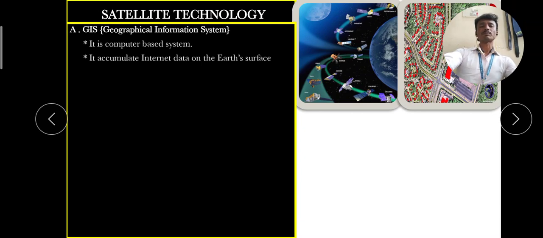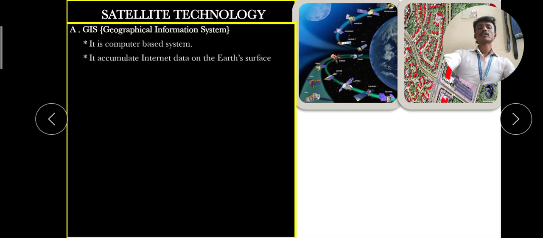It is a computer based system, and it accumulates internet data on the earth surface. Internet data means browse web, check emails, and play video games, etc. This is possible through the GIS, Geographical Information System, through the satellite only.